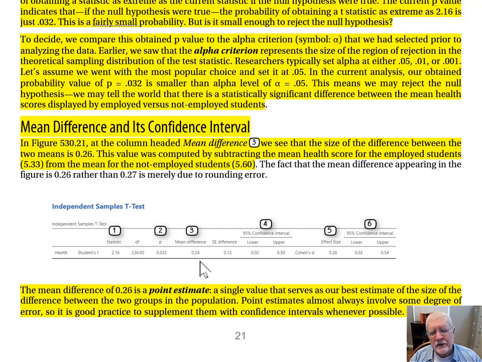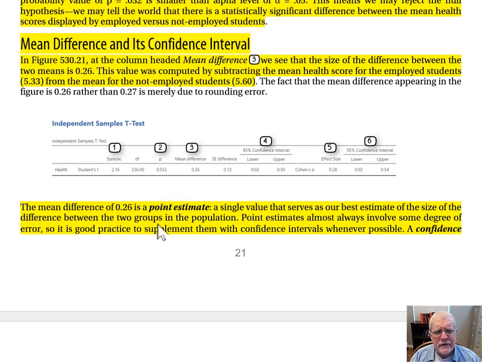That's the difference between the mean health score displayed by the not employed people versus the employed people. This value was computed by subtracting the mean health score for the employed students from the mean health score for the not employed students. Now, this mean difference of 0.26 is a point estimate.